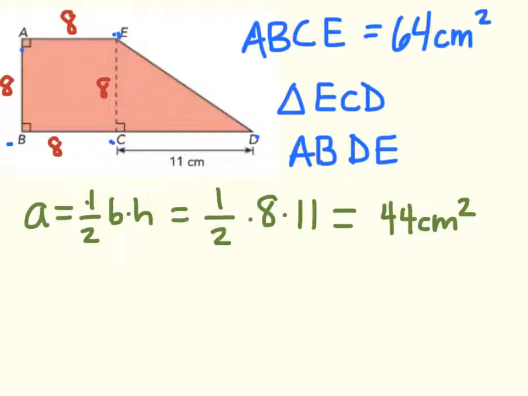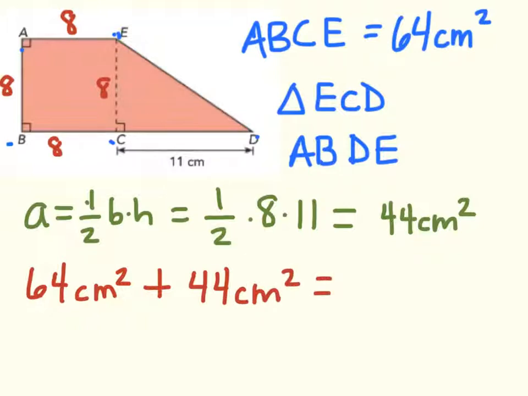Now, to find the area of the entire trapezoid, we simply need to take the area of the square and add it to the area of the triangle. The area of the square was 64 centimeters squared. The area of the triangle was 44 centimeters squared. Therefore, the area of the trapezoid is 108 centimeters squared.